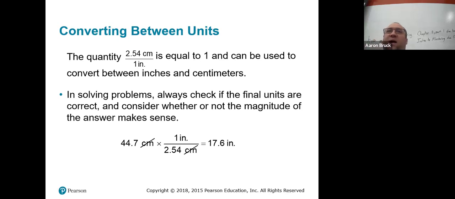I will be correctly converting so long as my unit cancels in the end. So here's an example. I have 44.7 centimeters. I'm turning it into inches. Since I have centimeters in the numerator here, centimeters have to be the denominator in my conversion factor, so that is flat.